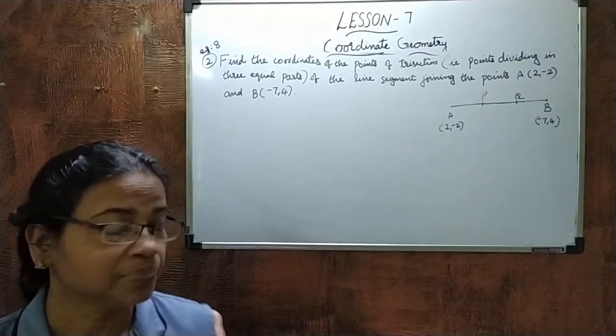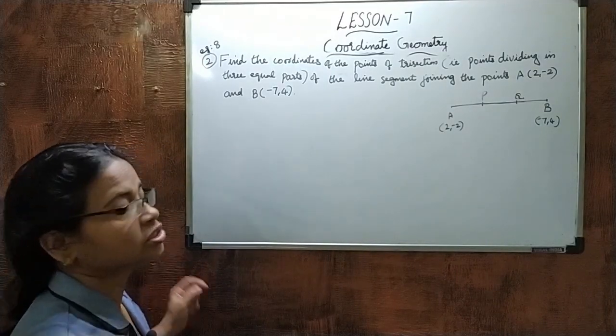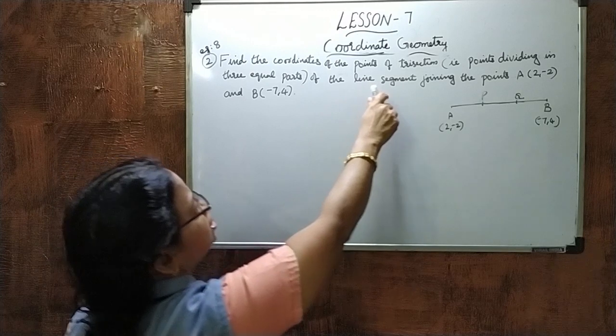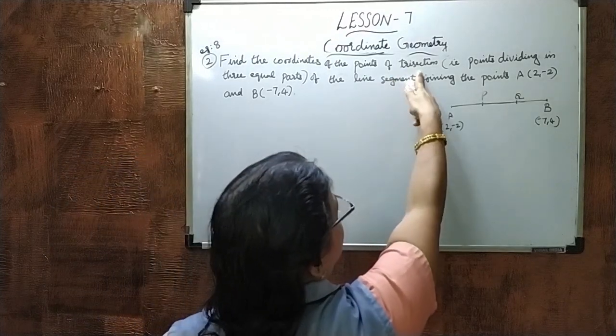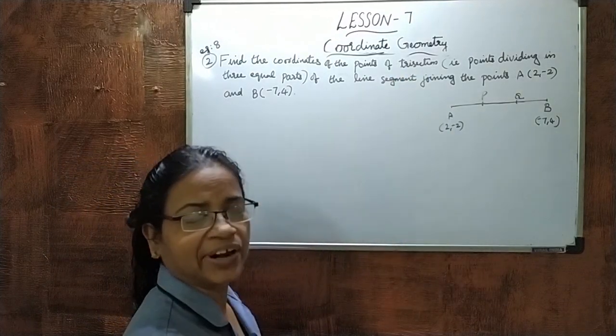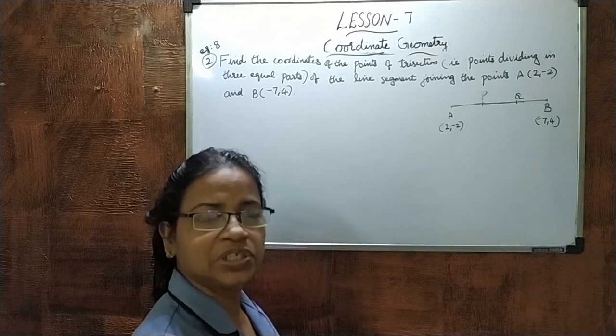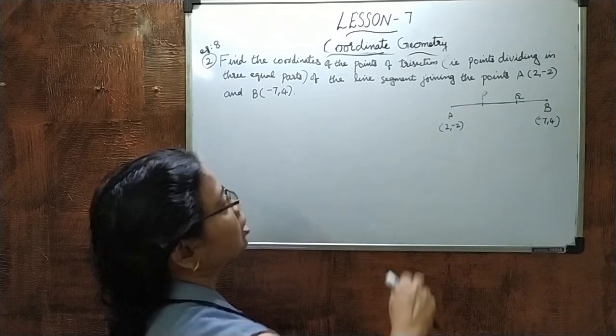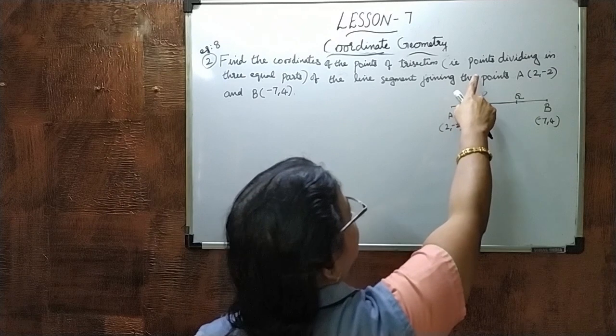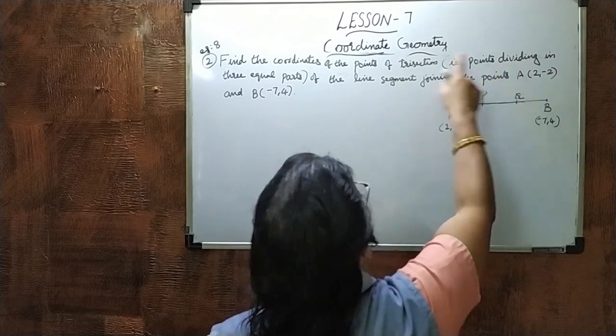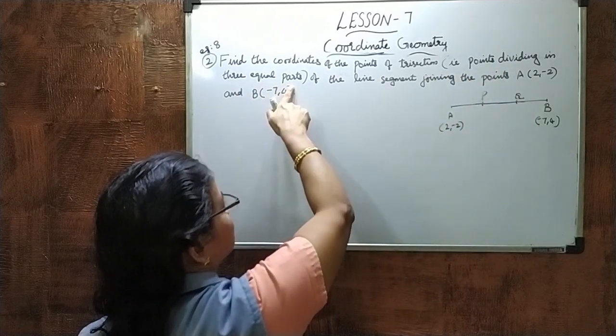Now second question, example number 8. Find the coordinates of the points of trisection. Trisection means what? Tri means 3, section means 3 sections. In brackets they have given the points dividing in 3 equal parts.